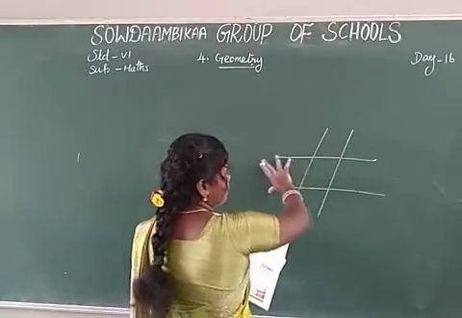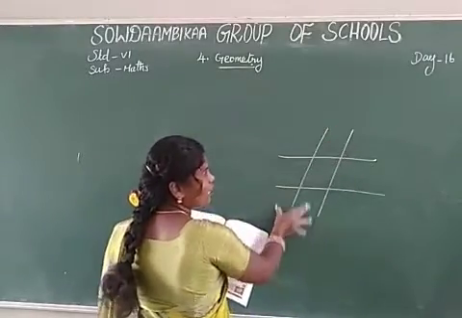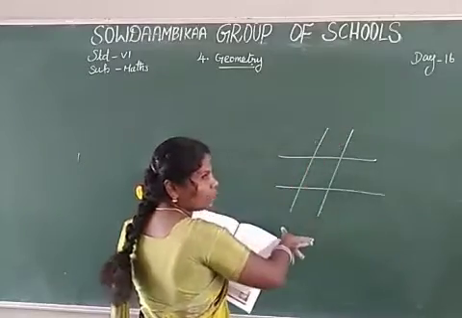Two parallel lines. This is one parallel line. This is another parallel line. One parallel line intersecting the another parallel line.